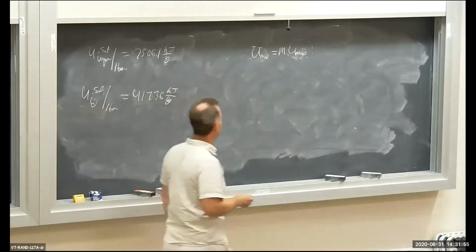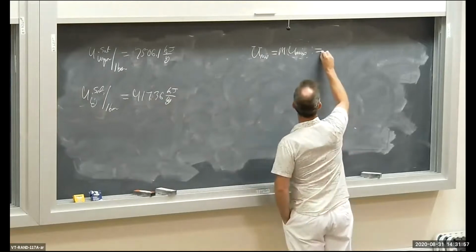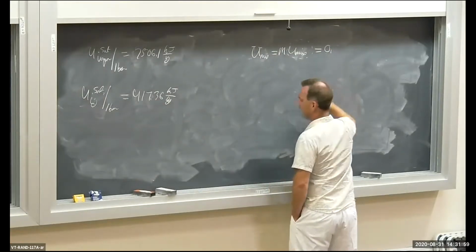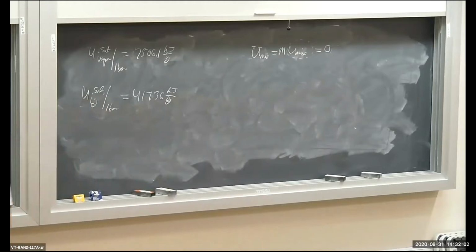Let's plug in and calculate the internal energy. Let's see here, the mass. What was it? I guess I better check. What was the mass? Was it 0.01 or 0.015? 0.01 kilograms.